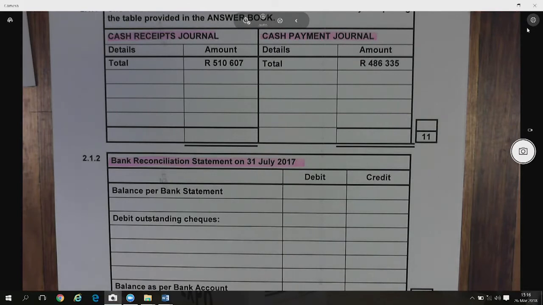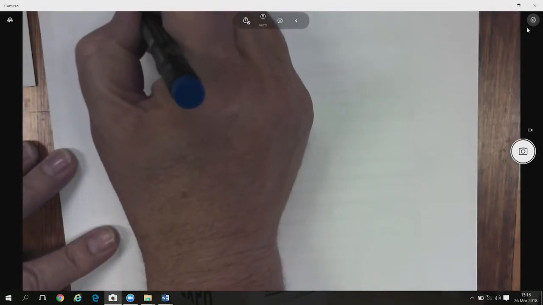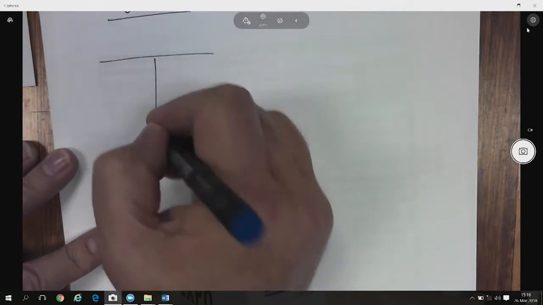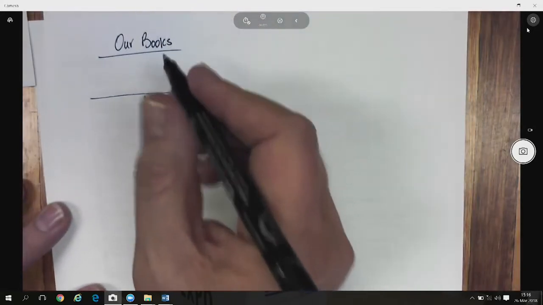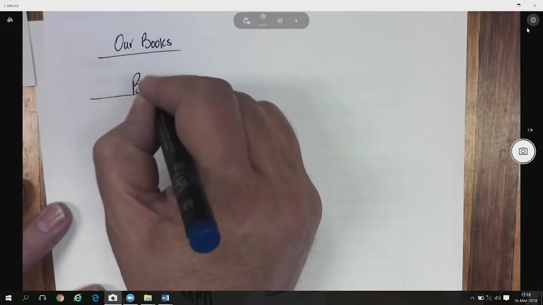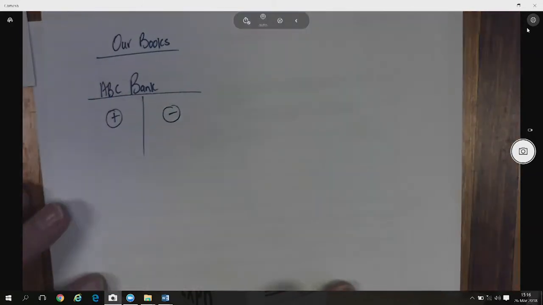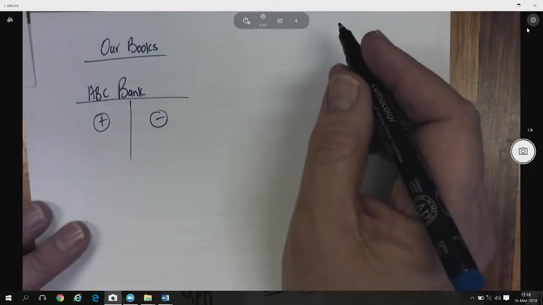What are the basics of a bank reconciliation statement? The basics are that we have our books, and we've got the books of the bank. In our books we've got the bank account, and on that bank account we write Bank on top, whatever the name of the bank is, ABC Bank for example, and we do all the receipts on the debit side and all the payments on the credit side.